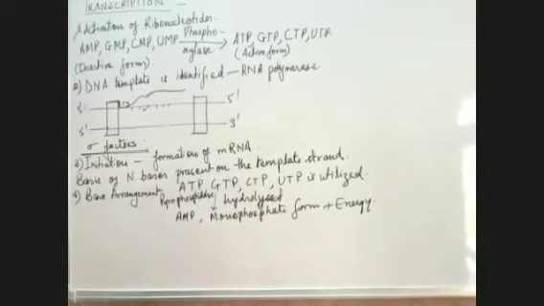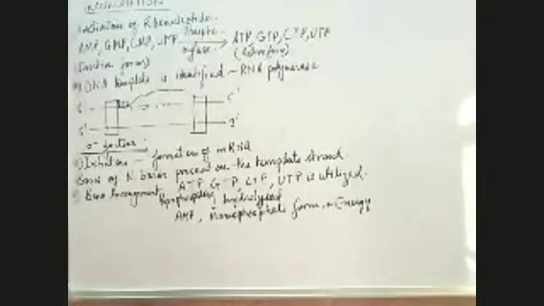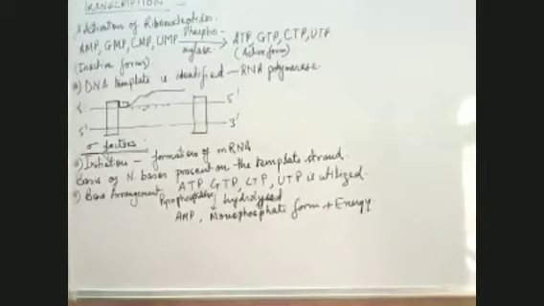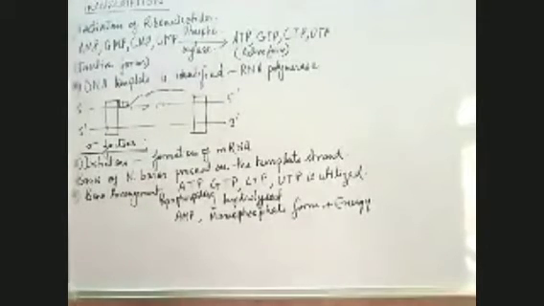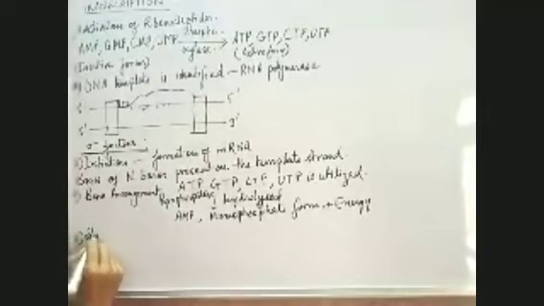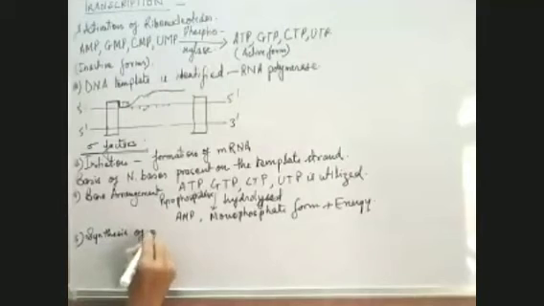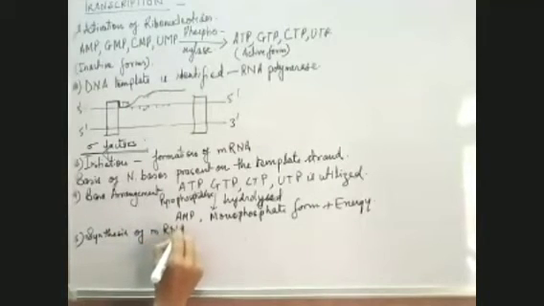And then finally, after this formation of RNA, it continues. The chain is formed. Then formation of RNA, messenger RNA. Finally, the fifth point, synthesis of messenger RNA. It takes place when this is completed.